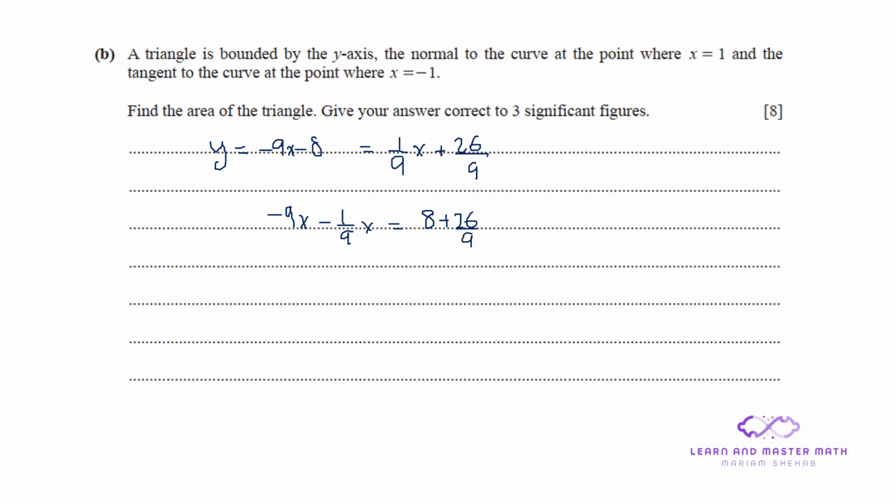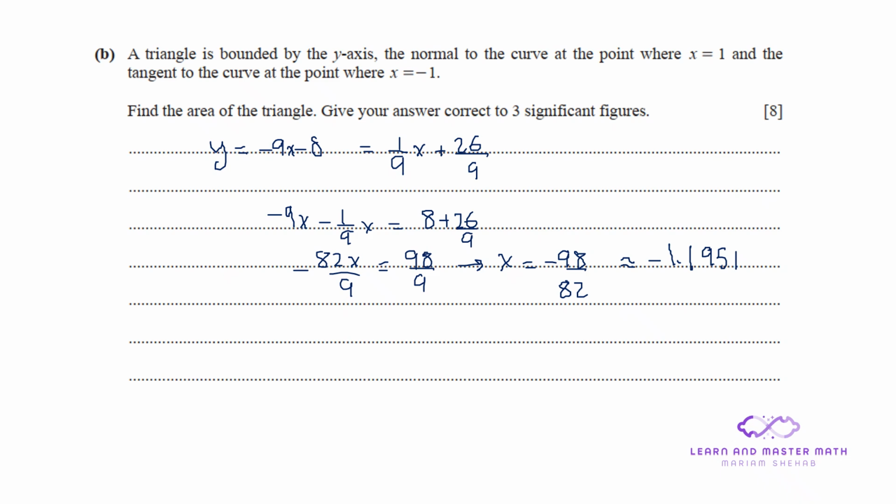You will result with negative 82x over 9 is equal to 98 over 9. Cancel the 9 here, and the x you got will be equal to minus 98 over 82, which is approximately minus 1.1951.